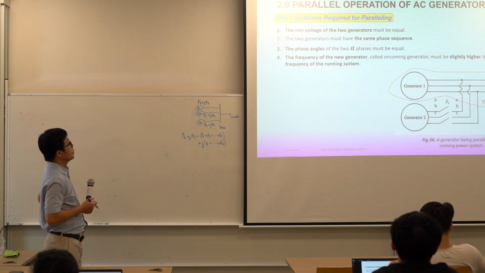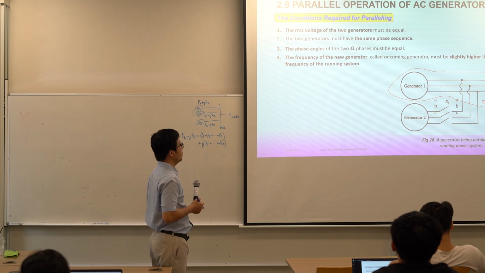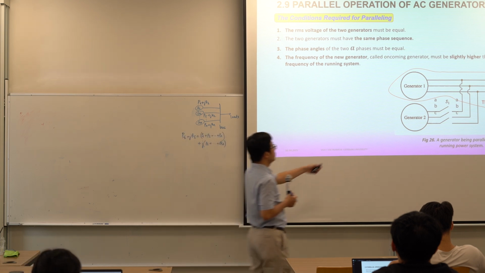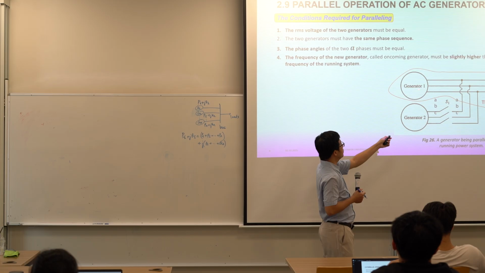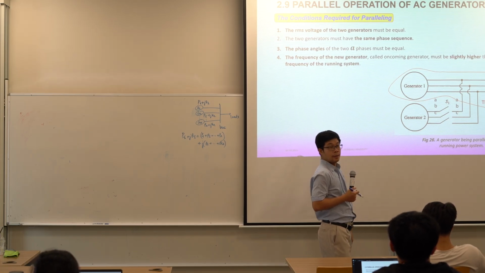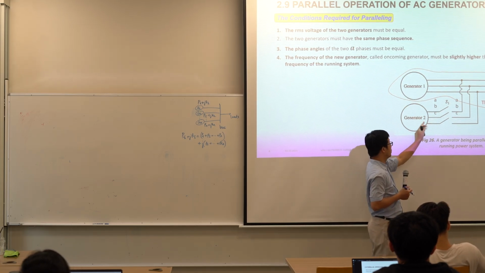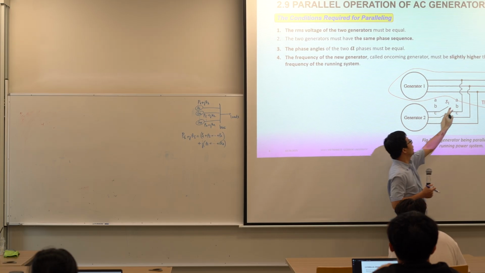So here, how many generators? We have two generators, 1 and 2, and this is the load. First of all, only generator 1 connects to the load. After some time, we would like to connect generator 2 into this system.